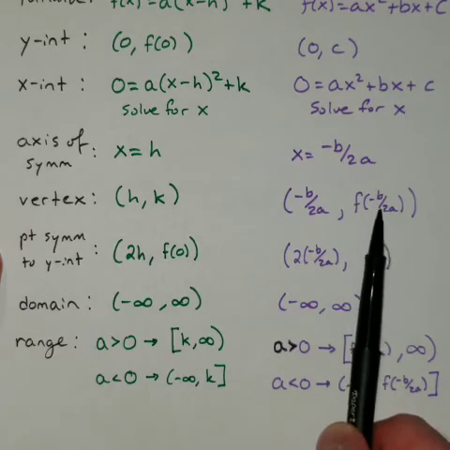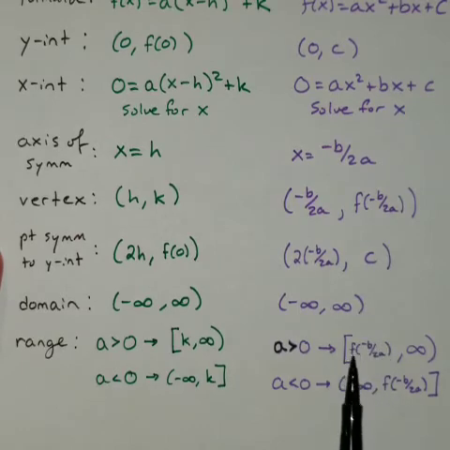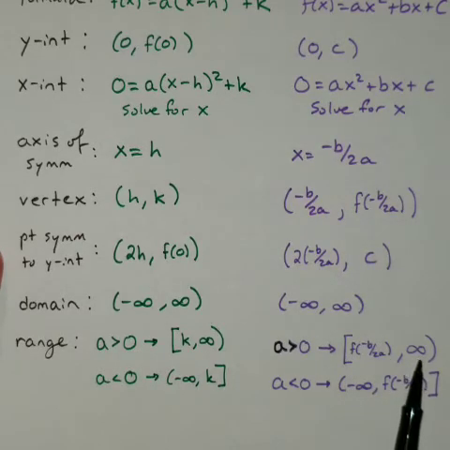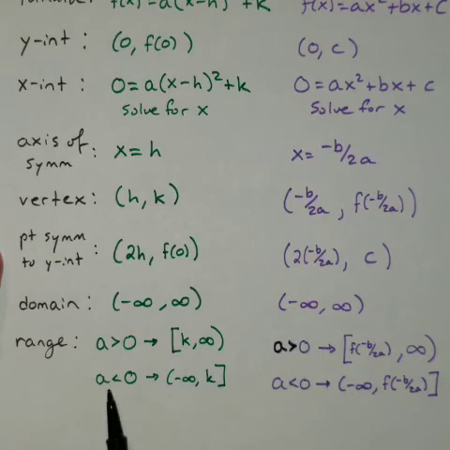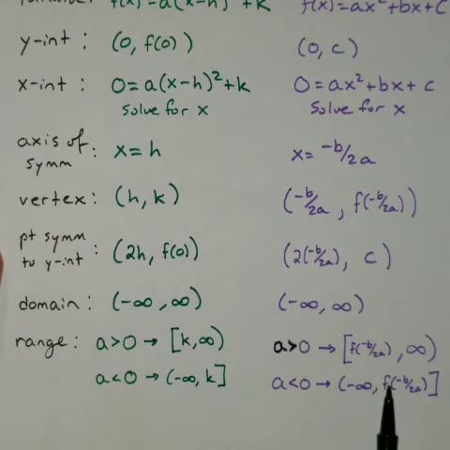It's what you get when you plug negative b over 2a back into the function. That goes as your minimum, and it goes up to infinity. If indeed the graph opens down, that would be an a value less than 0, or negative. Then the graph starts at negative infinity, goes up to k, the maximum point at the vertex. And here the negative infinity, and then this would be the k, equivalent to the k value. It's what you get when you put in the negative b over 2a back to the original function.